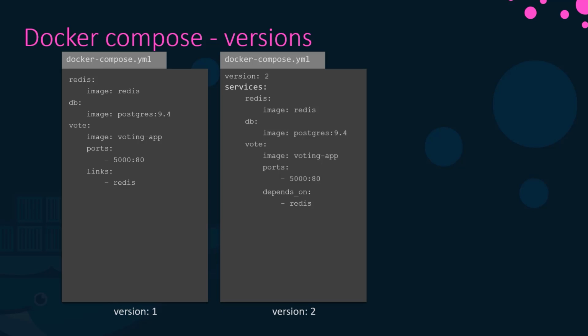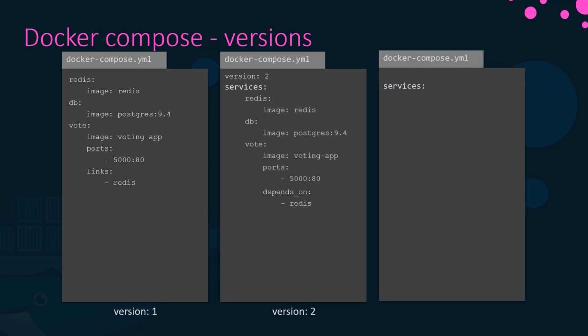Then comes version 3, which is the latest as of today. Version 3 is similar to version 2 in the structure, meaning it has a version specification at the top and a services section under which you put all your services, just like in version 2. Make sure to specify the version number as 3 at the top.